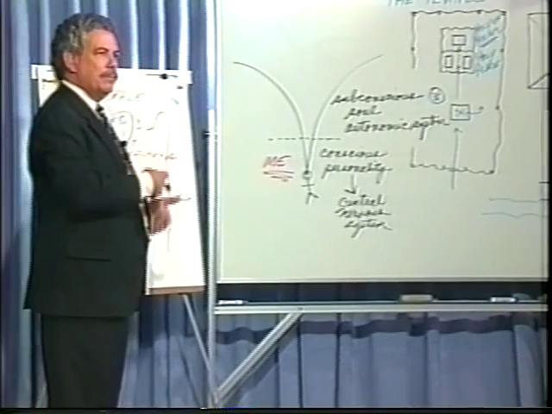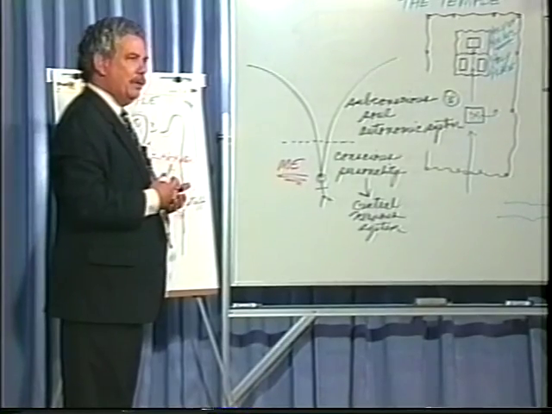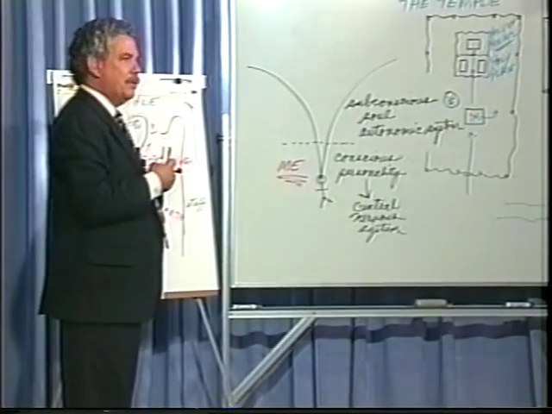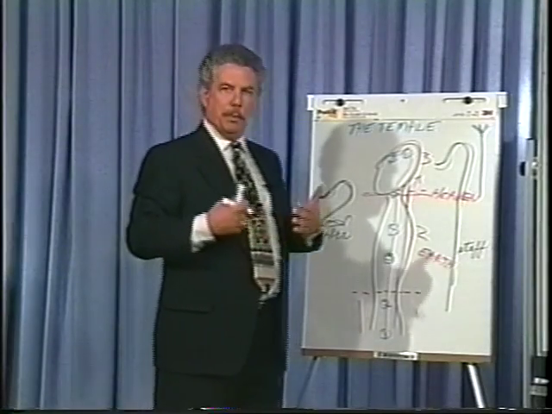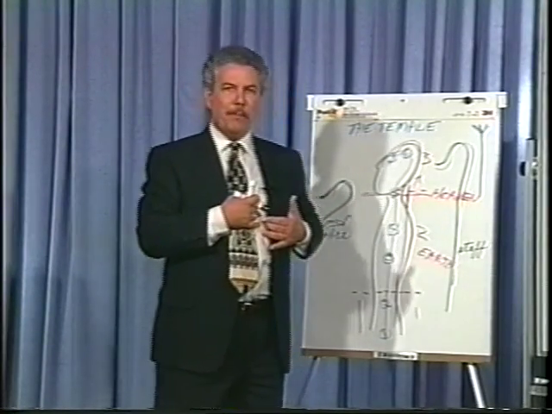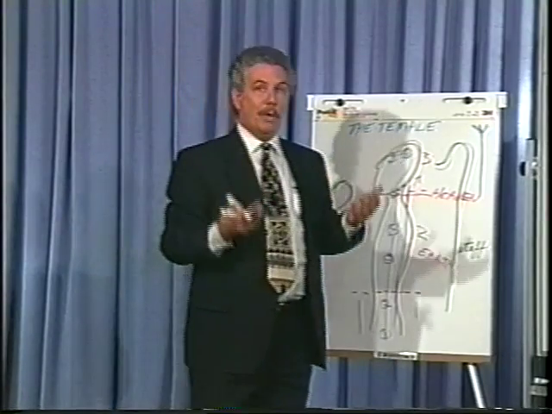The autonomic system that's running everything automatically within you has much more sophistication than the central system. Able to keep my breath going automatically, my heart beating automatically, without me trying to figure out how to do that.